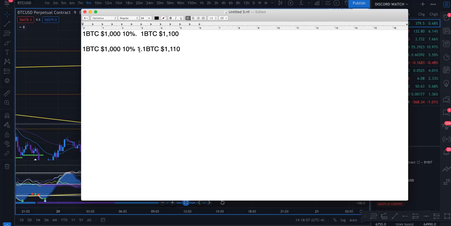You can sell 0.1 Bitcoin, and you still will have your initial amount of Bitcoin, and you're making profit. So it's allowing you to stack your crypto. It's pretty cool, guys. It is pretty cool.